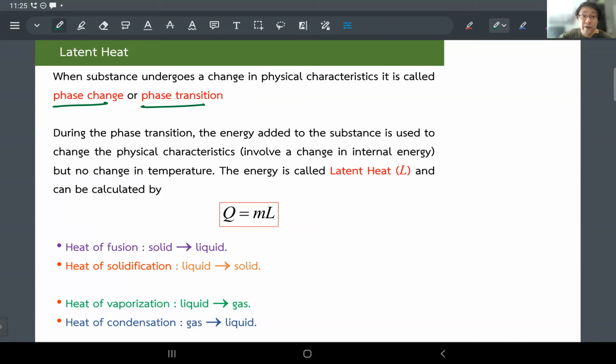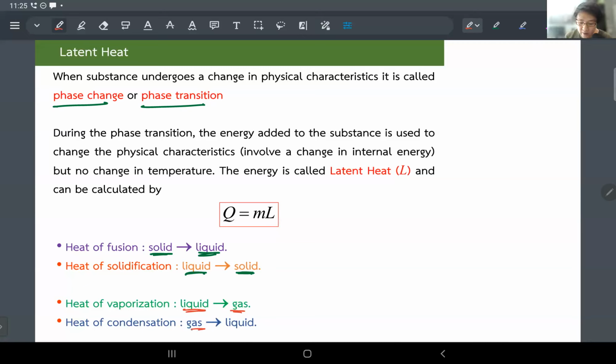All right. What are the phases that you can have? Of course, you can go from solid to liquid if you like. You can call that fusion, or you can turn from liquid back to solid. That is called the solidification process. Or the more familiar one, liquid to gas. That's vaporization. You're vaporizing things.